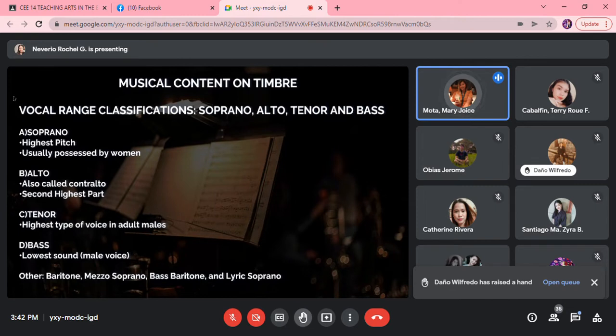So, other classifications are the baritone, mezzo-soprano, bass baritone, and lyric soprano. Since may soprano tayo, highest siya, sino may idea dito? What is the mezzo-soprano?